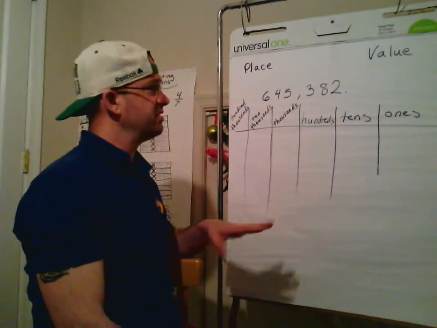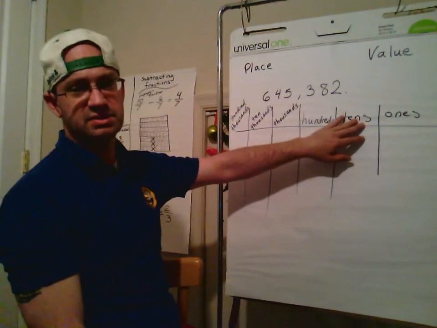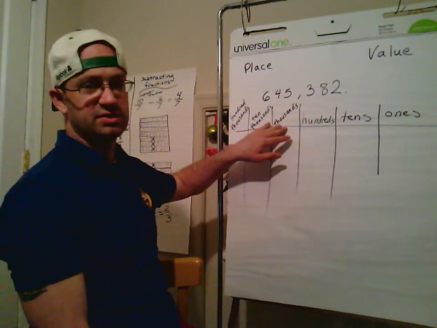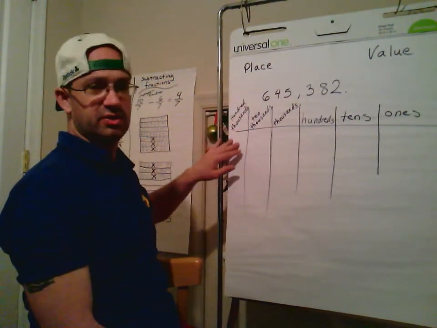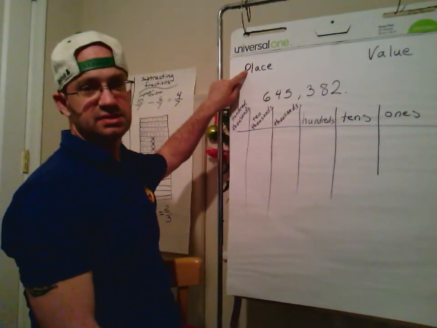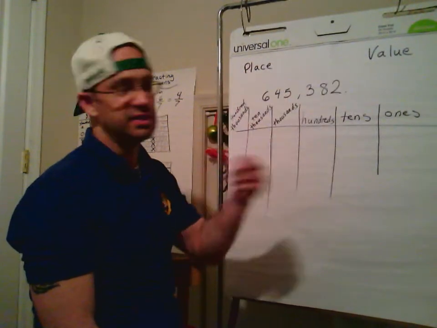Repeat after me: ones, tens, hundreds, thousands, ten thousands, hundred thousands. These are the places. Now the value is a little different.